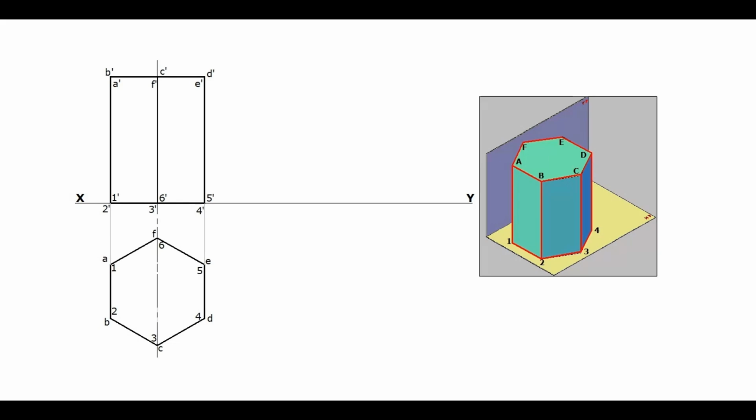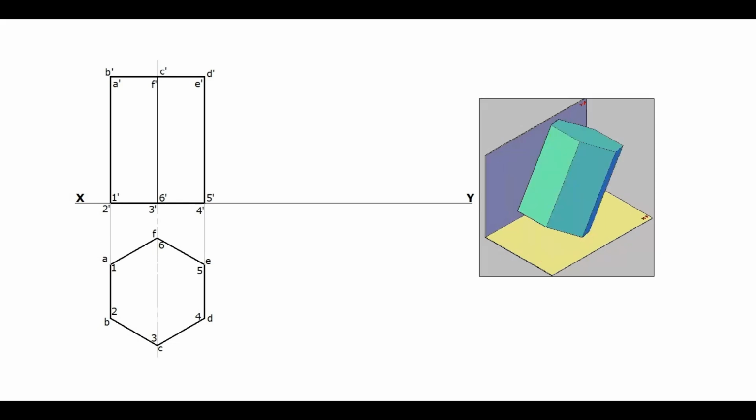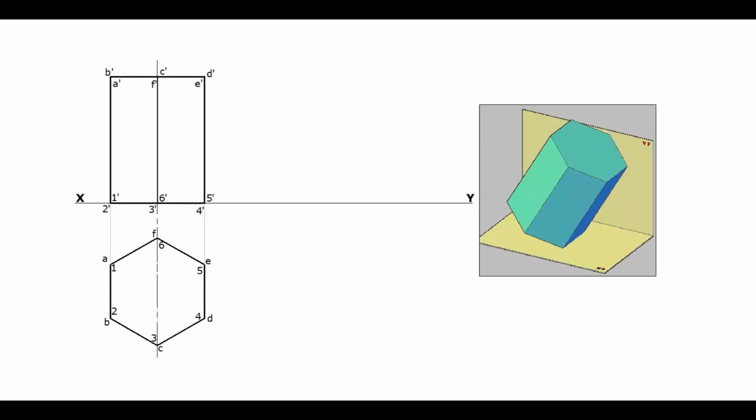The question says that the base is inclined at 30 degrees to HP. Since the base and axis are mutually perpendicular, when the base is inclined, the axis also will be inclined. Draw a 30-degree inclined line. This is the base of the prism. Measure its length from the first stage elevation and mark it on this inclined line.